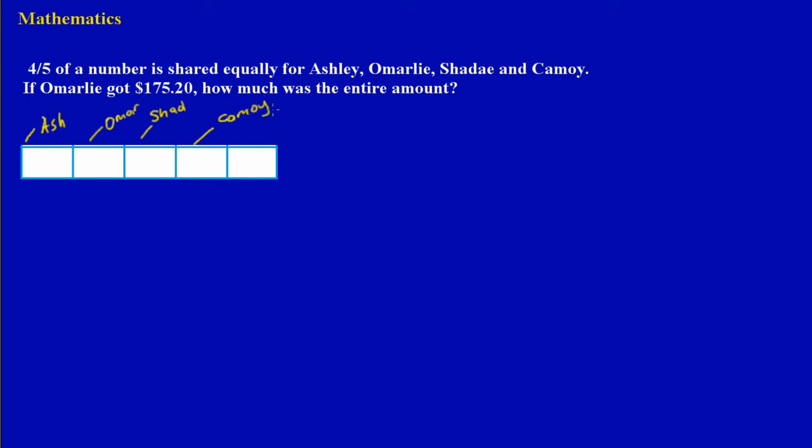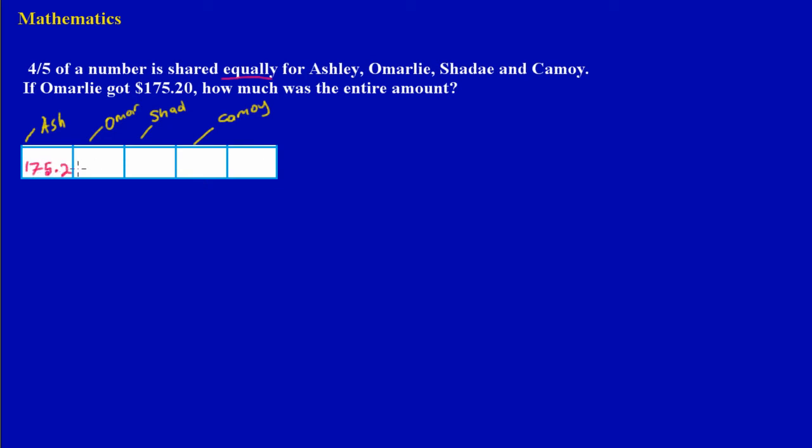Okay, now this is pretty easy. If you notice what the problem said, it stated that O'Malley got $175.20, and the money was shared equally among these 4 persons. Now if O'Malley got $175.20, then each person would have received $175.20.